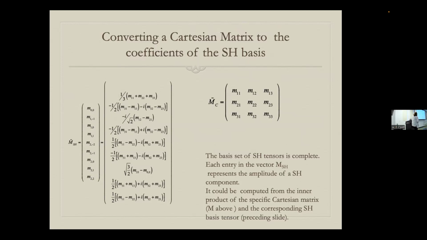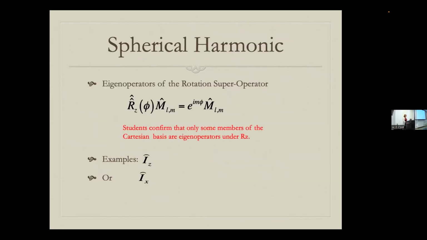It's just a different basis set. And these are the amplitudes. You could imagine writing it as a 1 by 9, and these are the amplitudes of each of those basis 3 by 3s that I showed you before. And the amplitudes are given here. Okay, makes sense? Those are just decomposition into a new basis set.